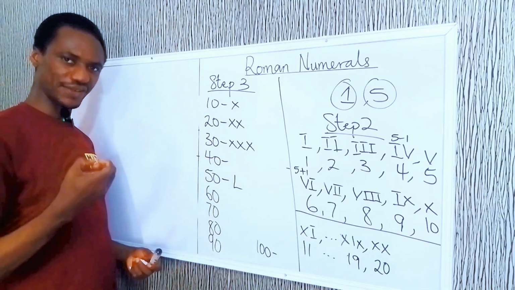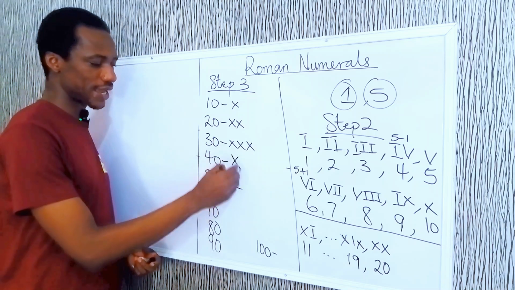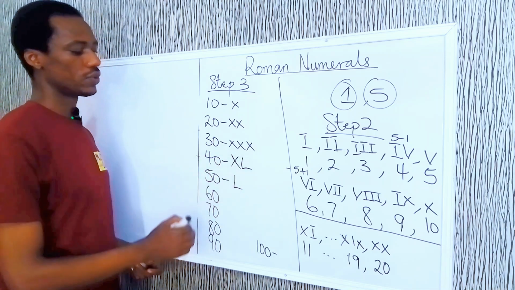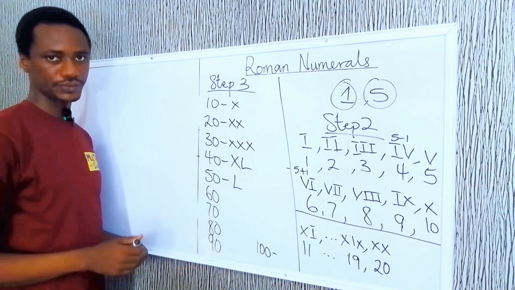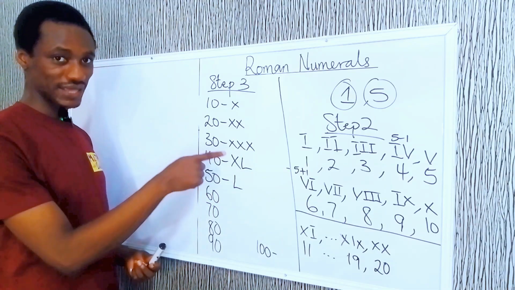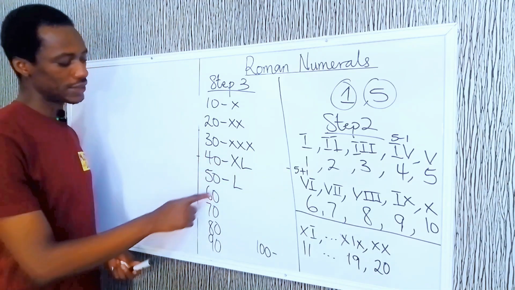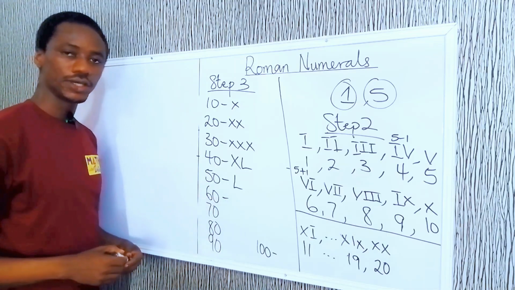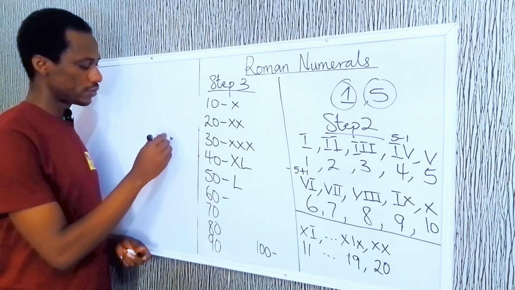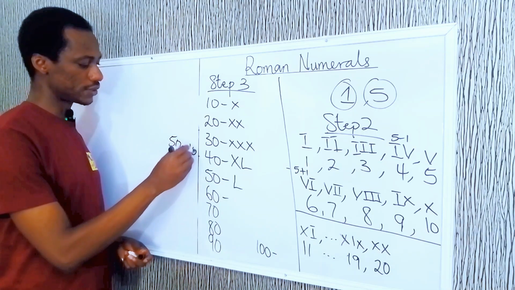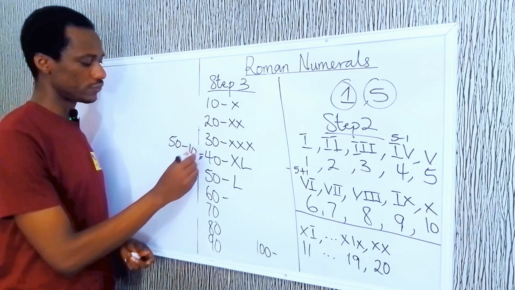So we want to take away 10 from 50, so we write the 10 and then 50, XL. So this means we are taking away 10 from 50. That's addition, subtraction, right? This is 50 minus 10, equals 40.